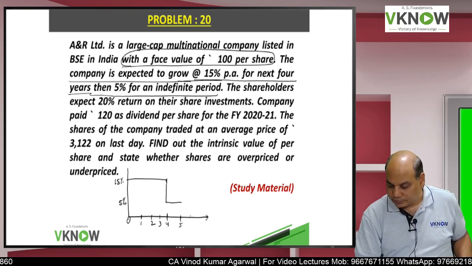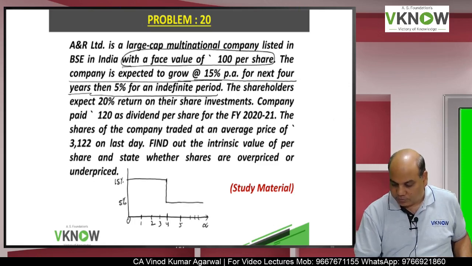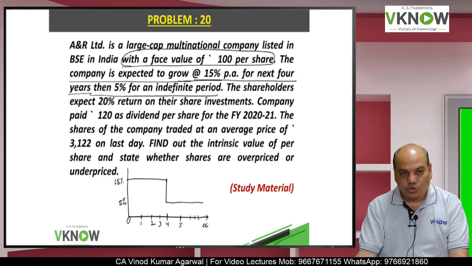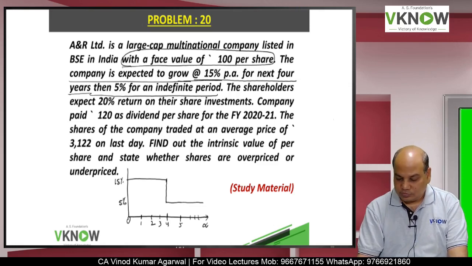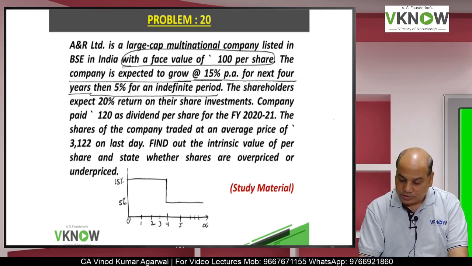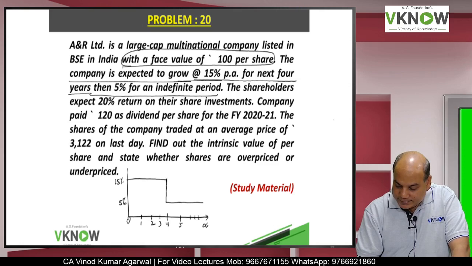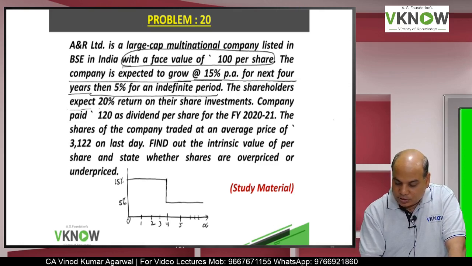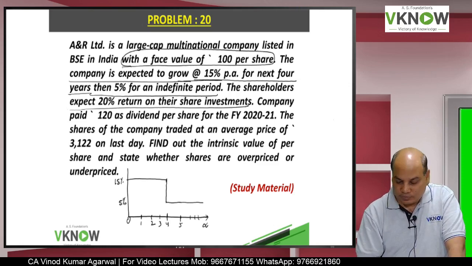Is it right? Till infinity it will remain 5%. So this is called two-stage growth model. First 4 years growth rate is very high. Now the question says the shareholders expect a 20% return on their investment. That is your discount rate.